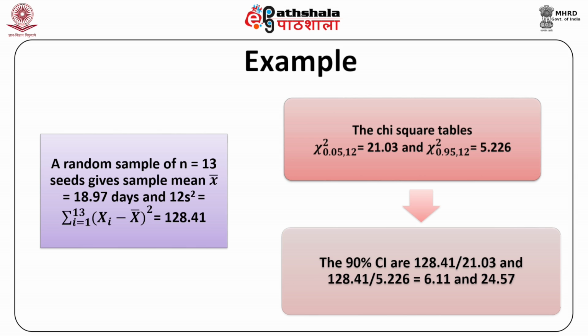From the chi-square table, chi-squared 0.05, 12 is equal to 21.03, and chi-squared 0.95, 12 is equal to 5.226. Hence, the 90% confidence interval is 128.41 divided by 21.03 and 128.41 divided by 5.226, which is equal to 6.11 and 24.57.